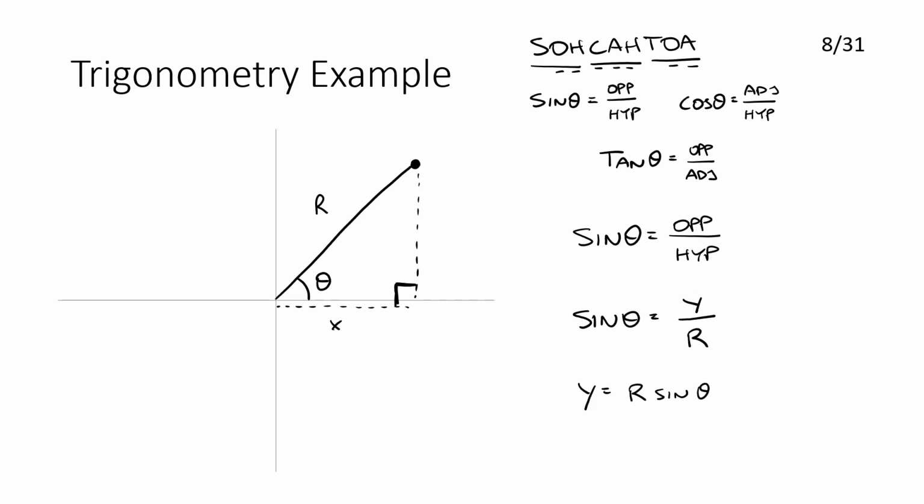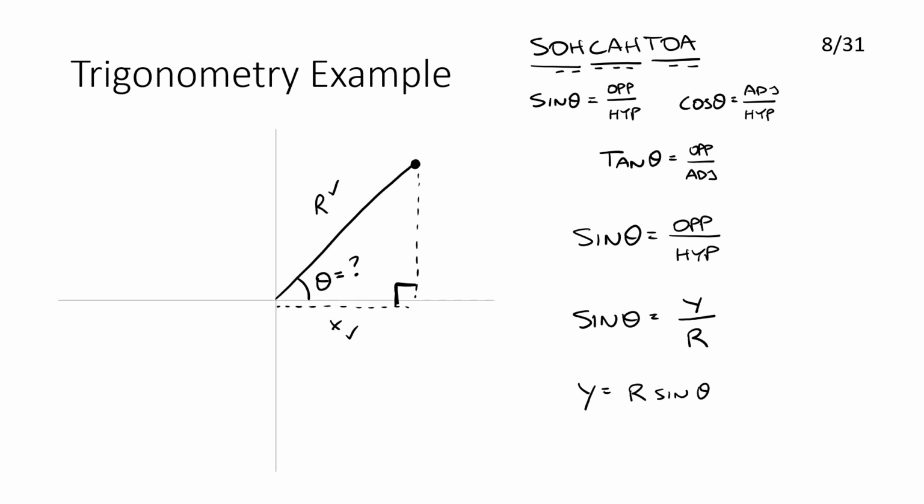Let's say I want to find theta right here, but I don't have y. I don't have this side of the triangle, but I do have the hypotenuse, and I do have this side right here, the adjacent side. How can I use these two to solve for the angle?